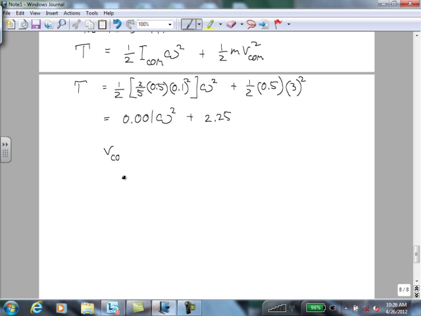The speed of the center of mass equals the radius times omega. So 3 is equal to 0.1 omega, so omega is equal to 30.